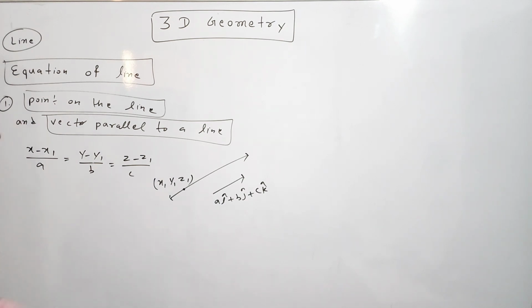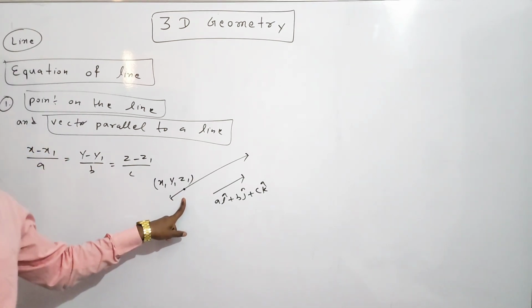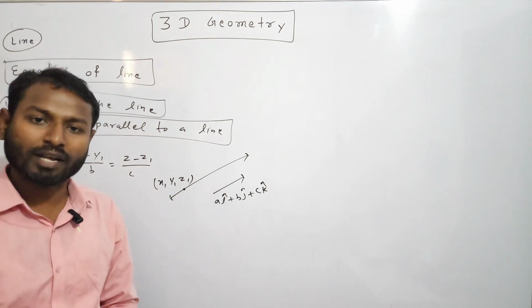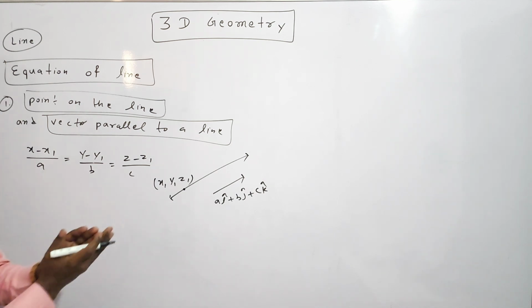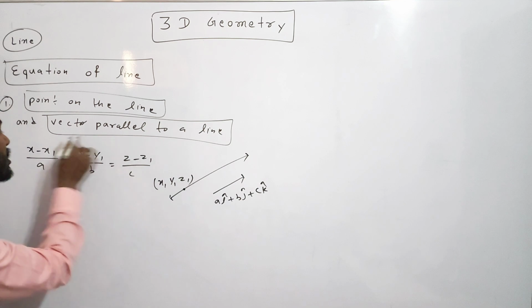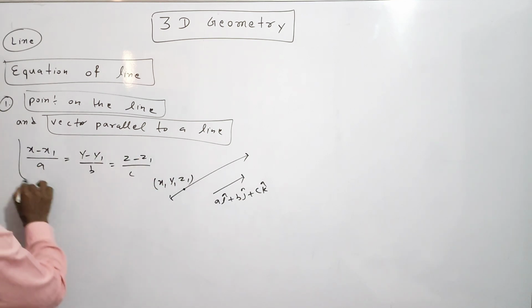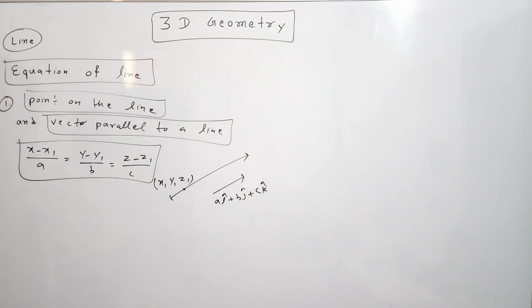So whenever a point on the line and a vector parallel to the line is given, we can find equation of line from this formula. Now we see how to derive this formula.